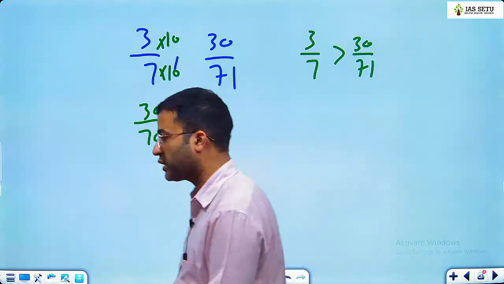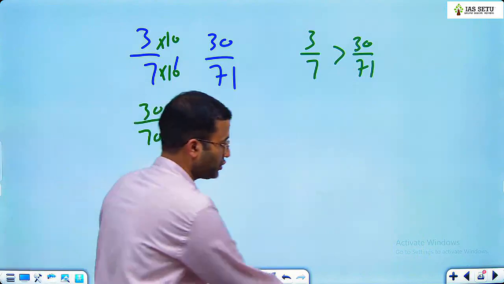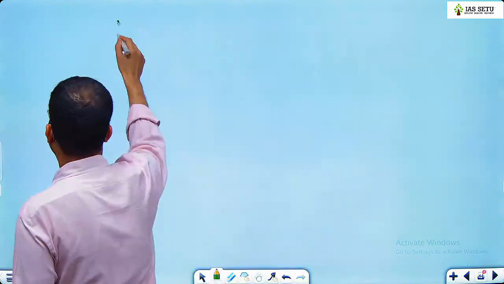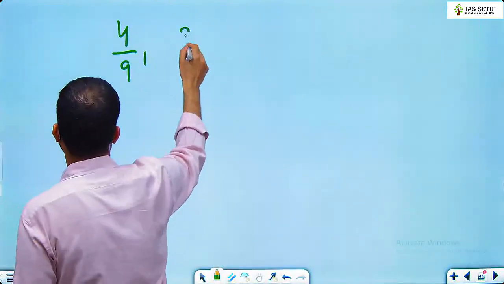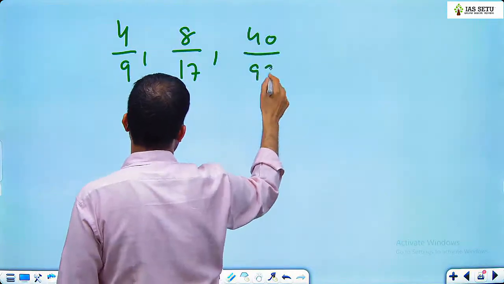Is this point clear? We can make our numerator constant. Now you try one question. 4 by 9, 8 by 17, 40 by 93.